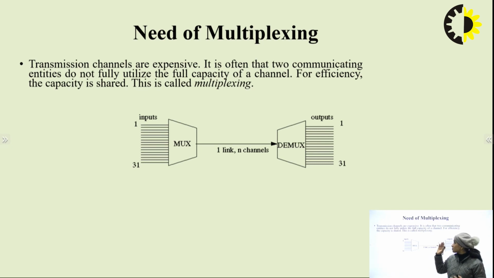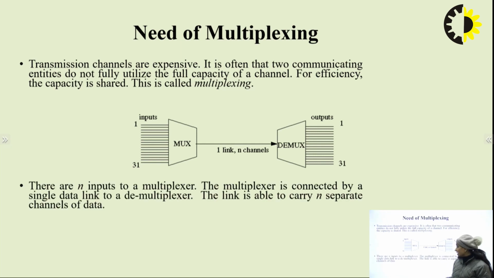Transmission channels are expensive. It is often the case that two communicating entities do not fully utilize the capacity of the channel. For efficiency, capacity is shared. This is called multiplexing. There are n inputs to a multiplexer. The multiplexer is connected by a single data link to a demultiplexer.